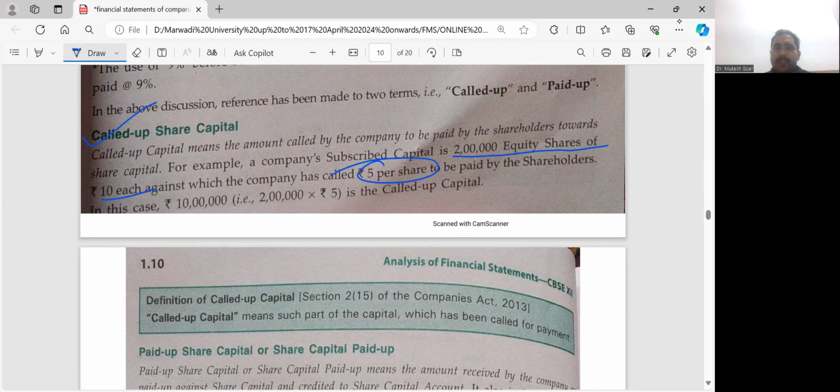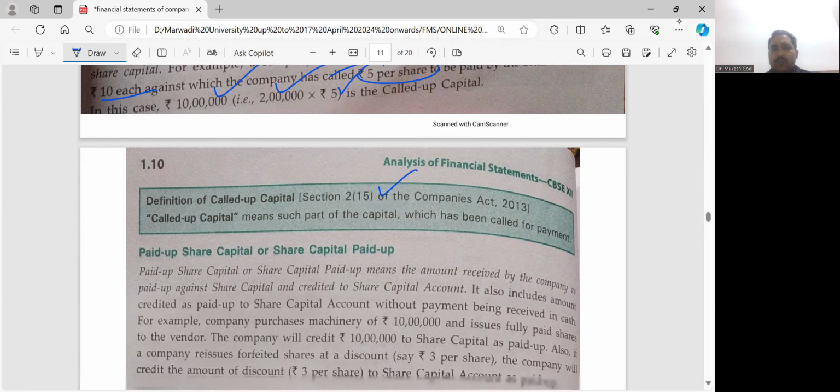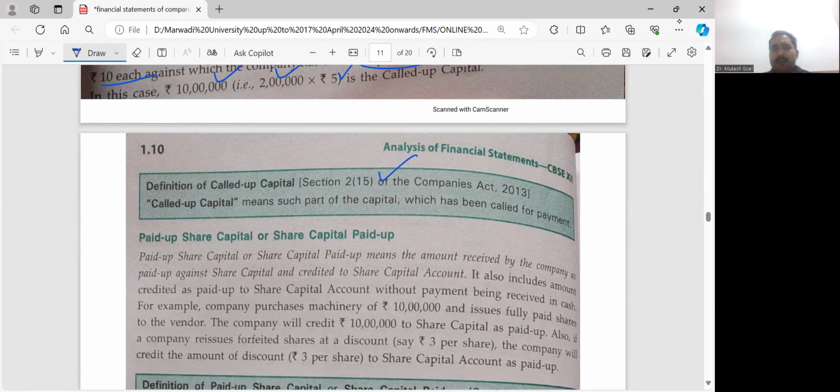So called up share capital is 2 lakh into 5, which is 10 lakh. The definition of called up capital is as per section 215 of the Companies Act 2013: such part of capital which has been called for payment.